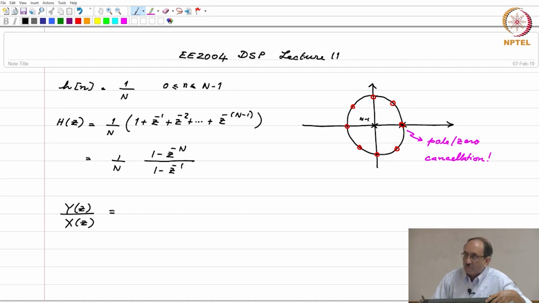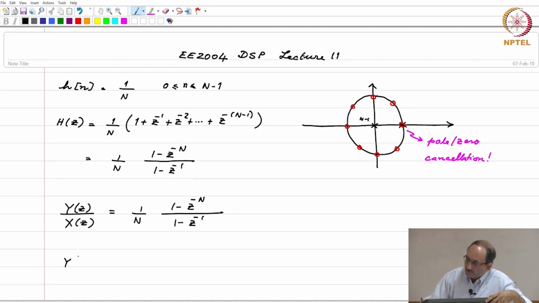We have not formally introduced the notion of transfer function yet, but this is similar to what was happening in the Laplace transform case, where H of s is nothing but Y of s over X of s. Drawing upon that analogy, H of z can be thought of as the system transfer function, which in turn is Y of z over X of z, and this is 1 over N times 1 minus z to the minus N by 1 minus z inverse.